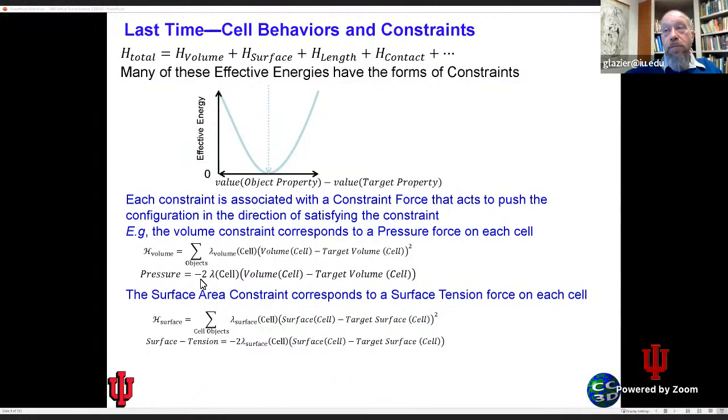And here, actually, I've put a minus sign. The minus or plus is a matter of convention. 2 times lambda times the difference between the actual and the target. And that's going to be something we'll run into repeatedly as we go through the class. Again, I'm just going over this because this abstract idea of a constraint can be a bit slippery when we work with something like volume and see how it works. It's better behaved. But this is, again, the ideal gas law in action.